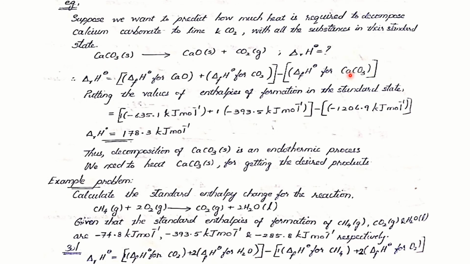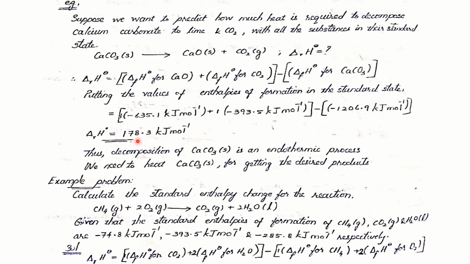Now, on substituting the respective standard enthalpies of formation of each product and reactant and multiplying each with its respective stoichiometric coefficient, that is 1, we have 1 into minus 635.1 kilojoule per mole plus 1 into minus 393.5 kilojoule per mole minus 1 into minus 1206.9 kilojoule per mole. On solving this, you get a value of 178.3 kilojoule per mole as the standard enthalpy change of this reaction.